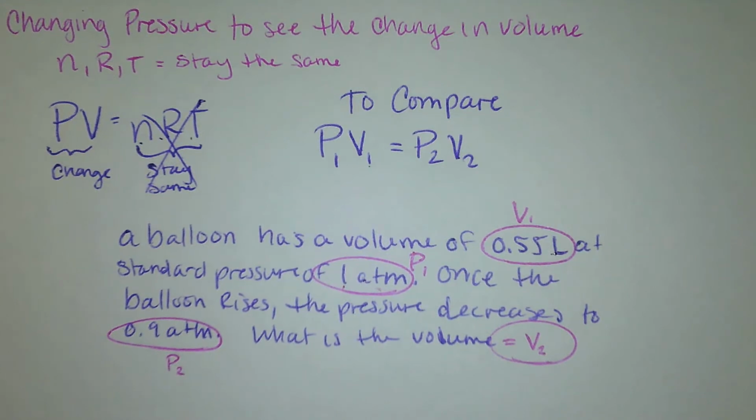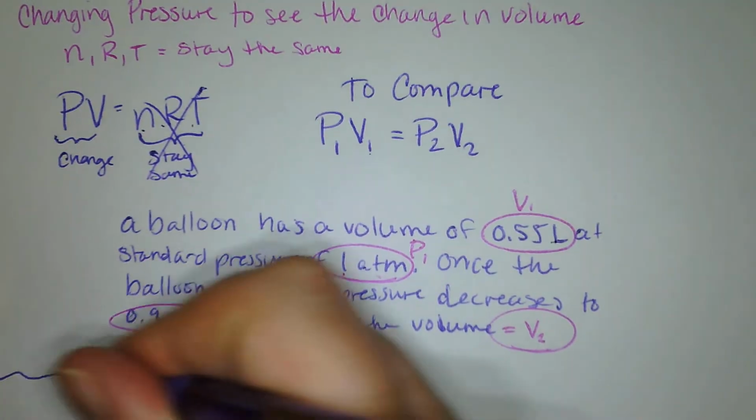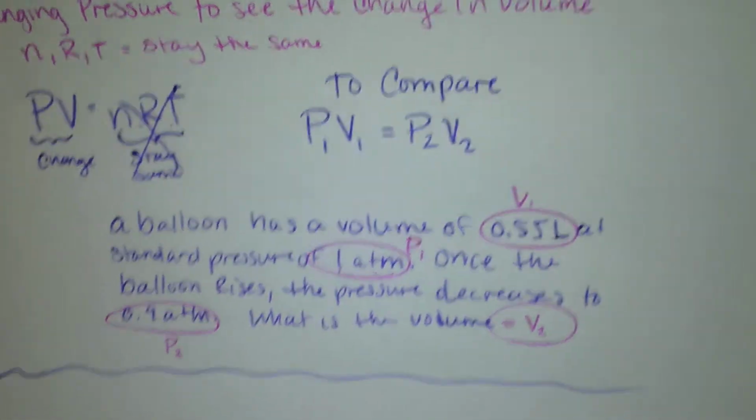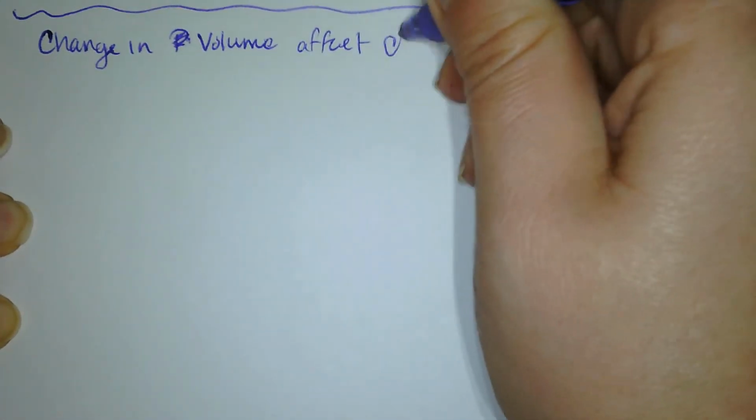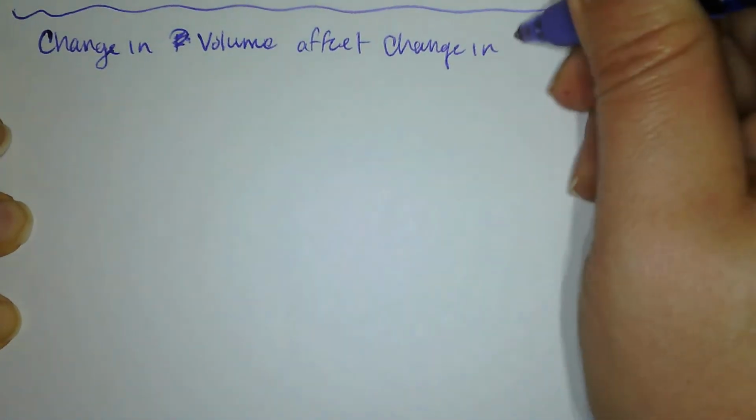Okay, let's do another one. What if we want to compare volume and temperature? How does change in pressure, oh, I said pressure, excuse me, how does change in volume affect change in temperature?